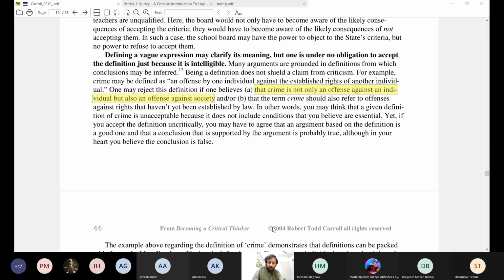So you have what are called victimless crimes. If you bought this definition that it's an offense by one individual against the established rights of another individual, then there'd be no grounds to criminalize certain forms of prostitution, consensual prostitution, a victimless crime.